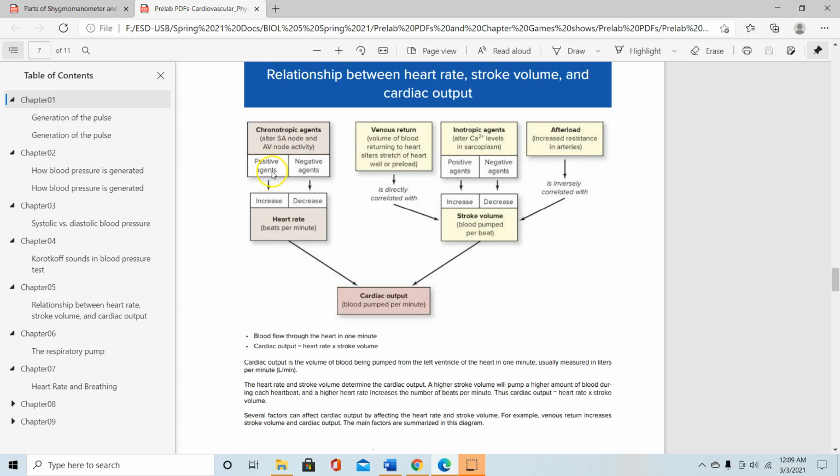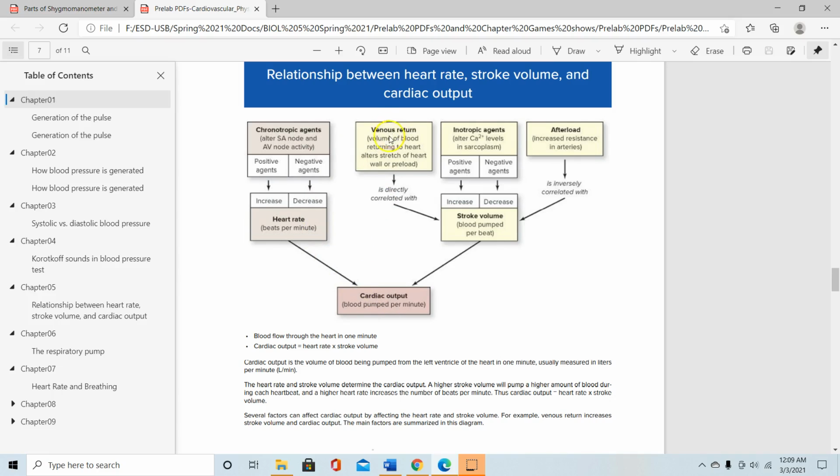So if they are positive chronotropic agents, they increase heart rate, and negative chronotropic agents decrease heart rate, like beta blockers are negative agents. Beta agonists are positive agents. So positive agents will increase heart rate, which is beats per minute, and that's why it will increase cardiac output. Negative ones will decrease it.